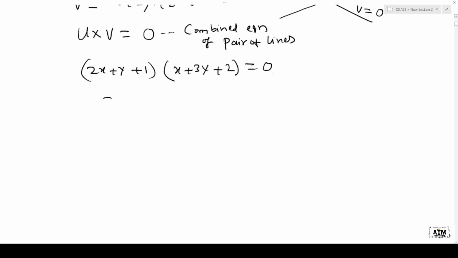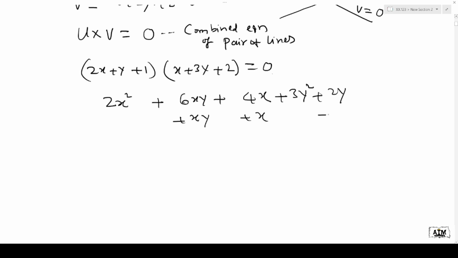Now opening the brackets: 2x square plus 6xy plus 4x plus xy plus 3y square plus 2y, then plus x plus 3y plus 2, that is equals 0.